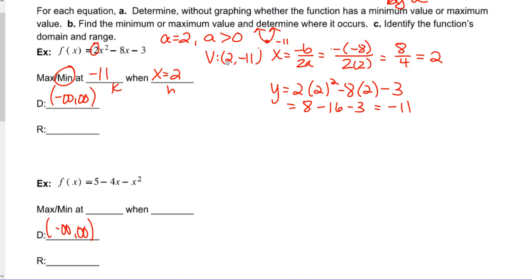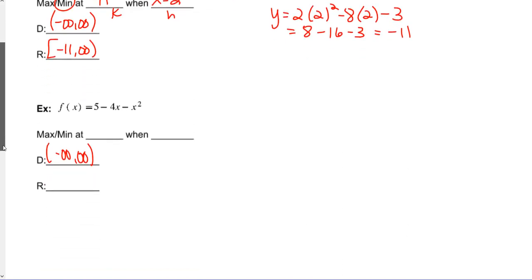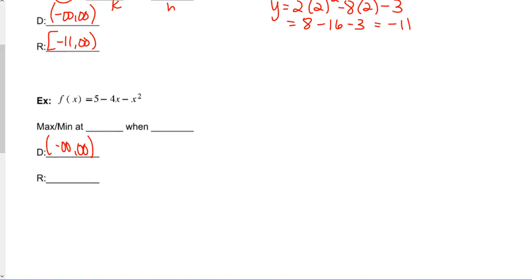Negative 11 to positive infinity is what my range is going to be because all those values have to be greater than or equal to that minimum value. So you don't even have to graph it fully, specifically, but a nice idea of that graph is going to be helpful here.